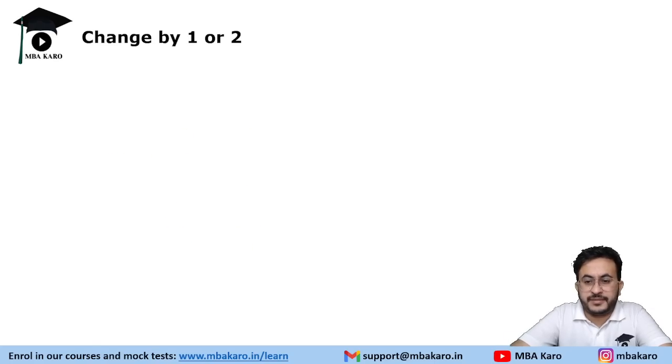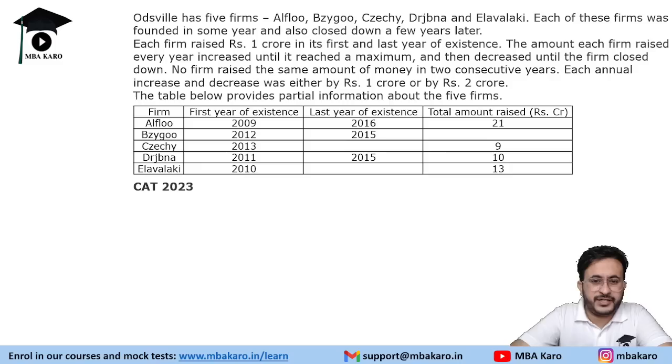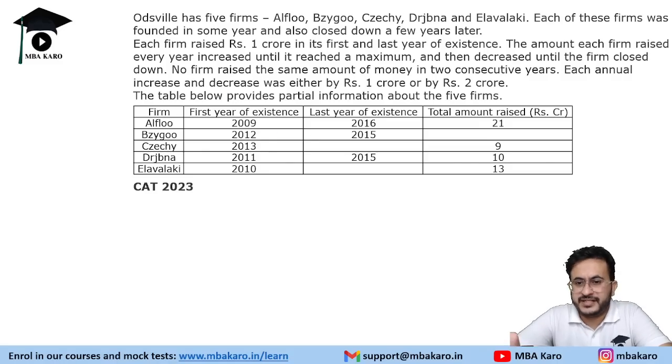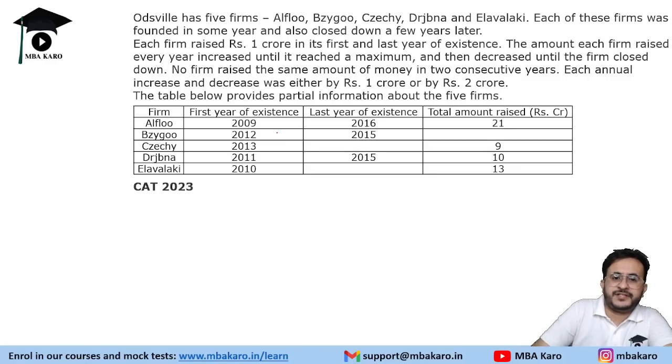Then another concept which I was discussing, that I had similar thing last year, is change by one or two, right? Okay, so let us look at those sets. We will not be solving these. There was that investment thing, right? So it said that there are some companies, they started in some particular year and ended in some particular year, right? And this is the first year and this is the last year.